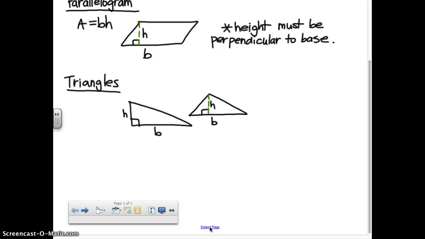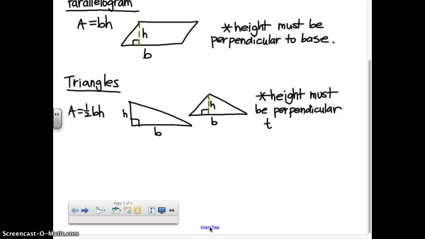Now you all know this formula. Area equals 1/2 base times height. You know that. But remember, you're putting it in your notes again: height must be perpendicular to the base. So make sure it makes a right angle.